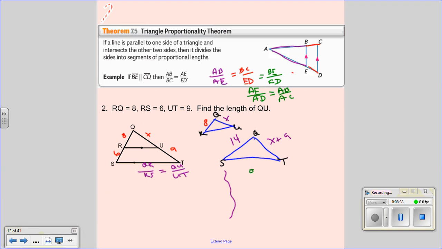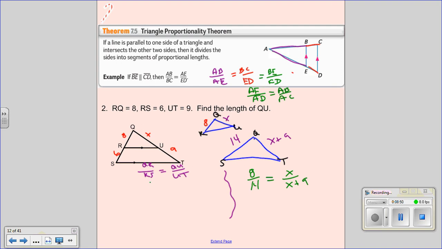You could have 8 is to 14 as X is to X plus 9. So you have several options, but which one looks easier right now? Yeah, it's the one on the left.